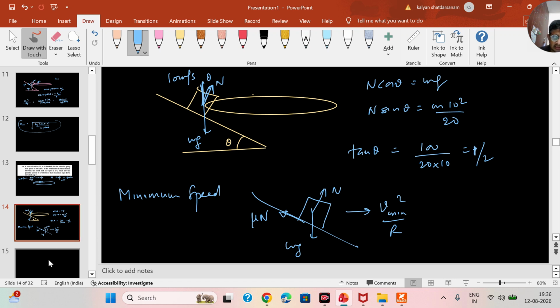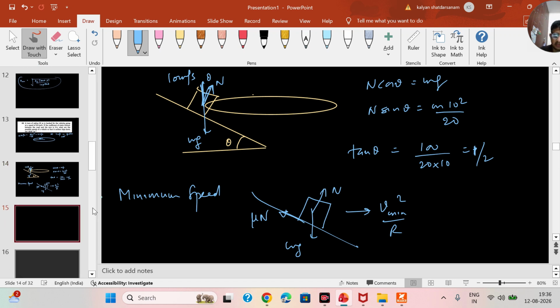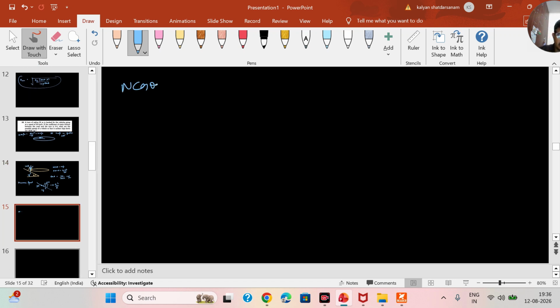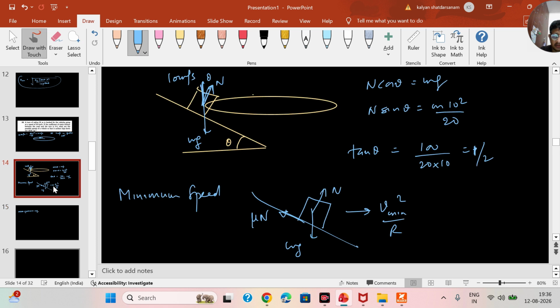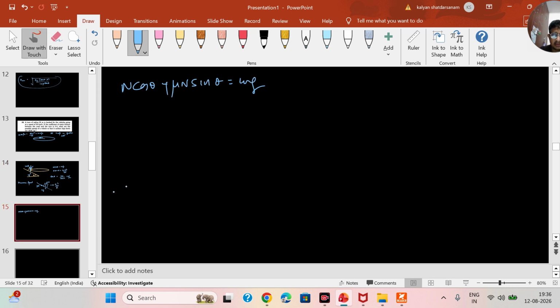So let's apply Newton's laws. In the vertical direction, N cos theta plus mu N sin theta is mg. In the horizontal direction, N sin theta minus mu N cos theta is mass into radial acceleration, v min square by r.